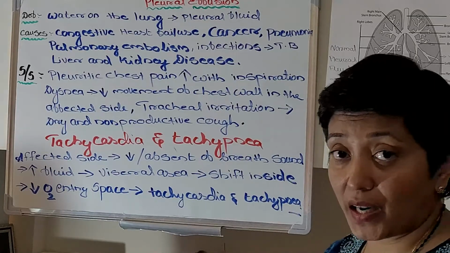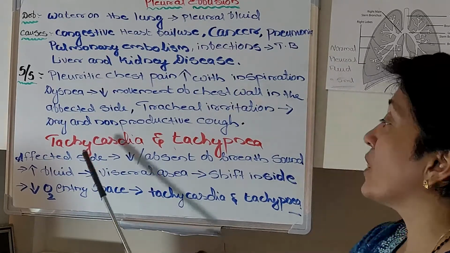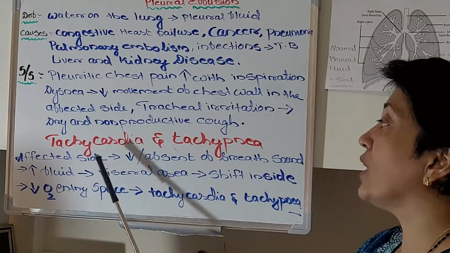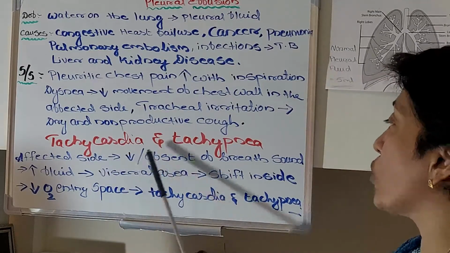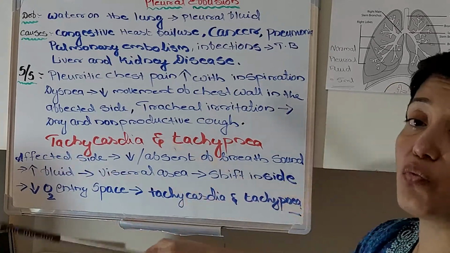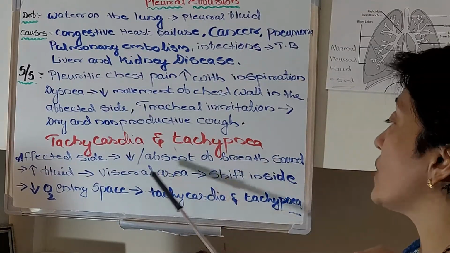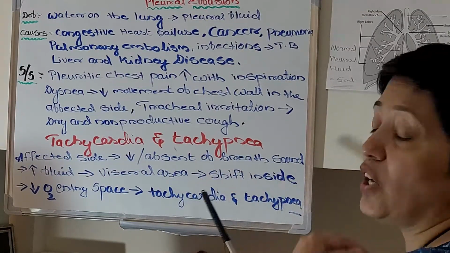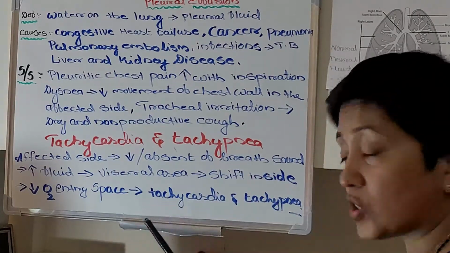Why are tachycardia and tachypnea caused? On the affected side, decrease or absence of breath sound will be there due to increased fluid collection. The mediastinum shifts toward the normal lung side.